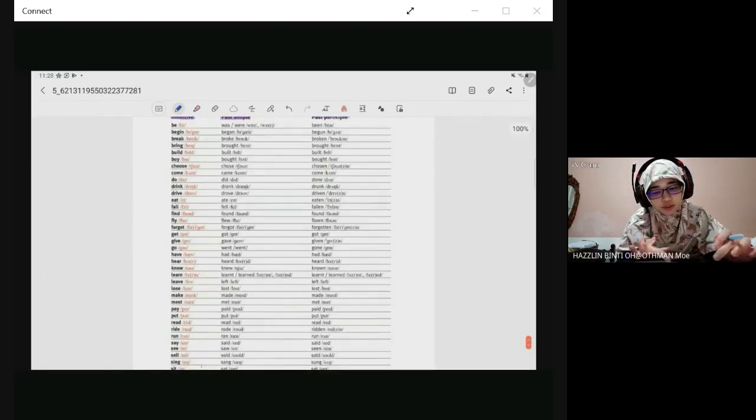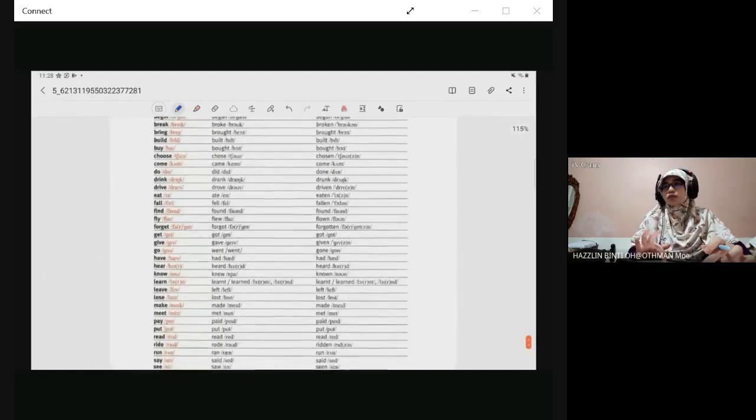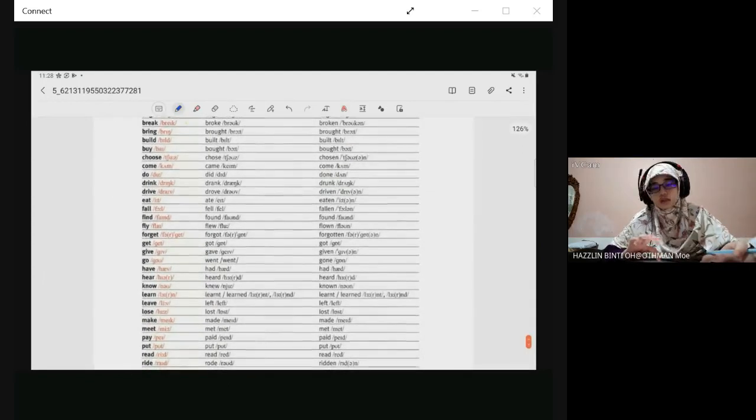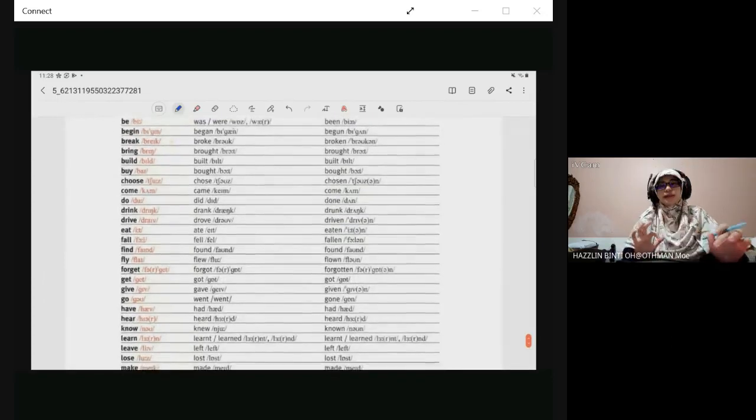Is it too small for you to see? Maybe it is too small. If you cannot see the list here, you can refer to the back of the module.